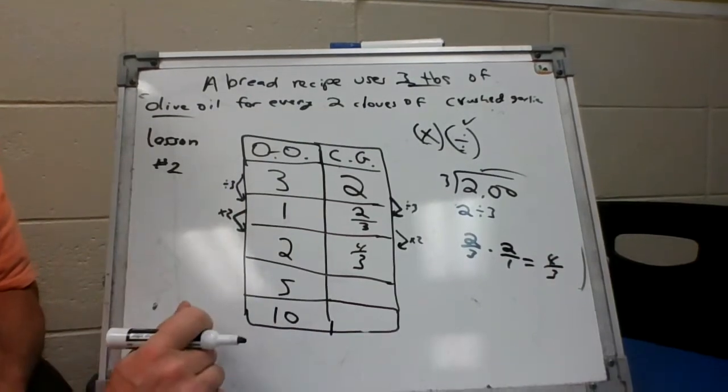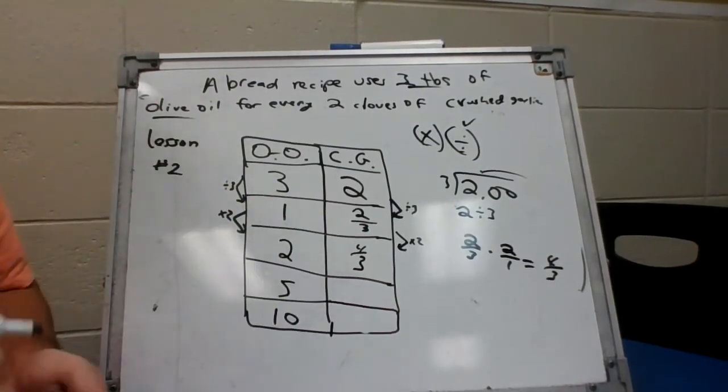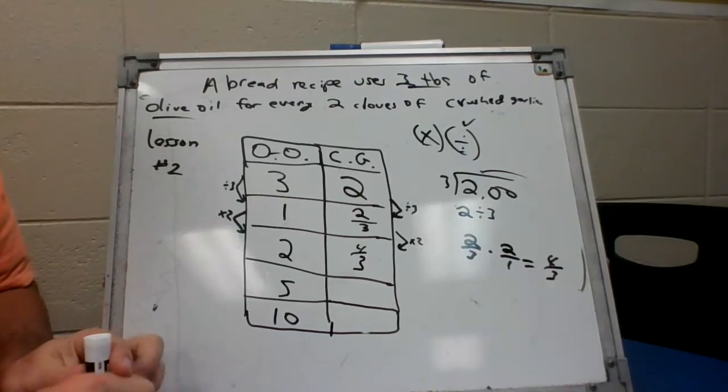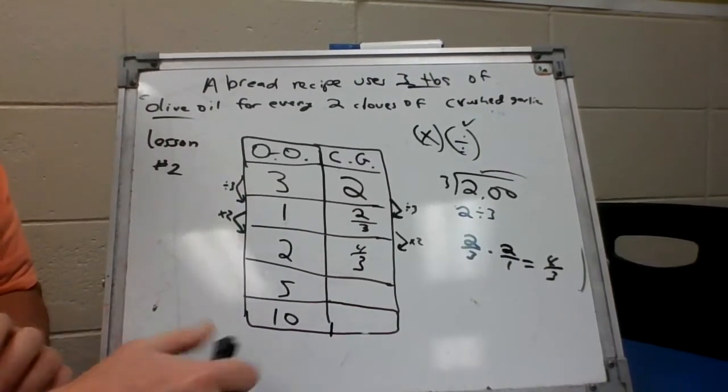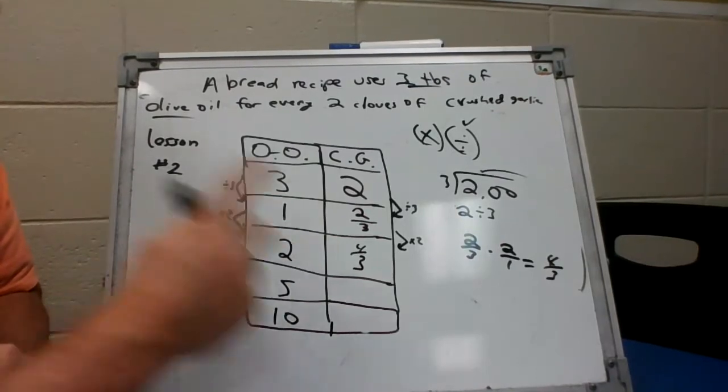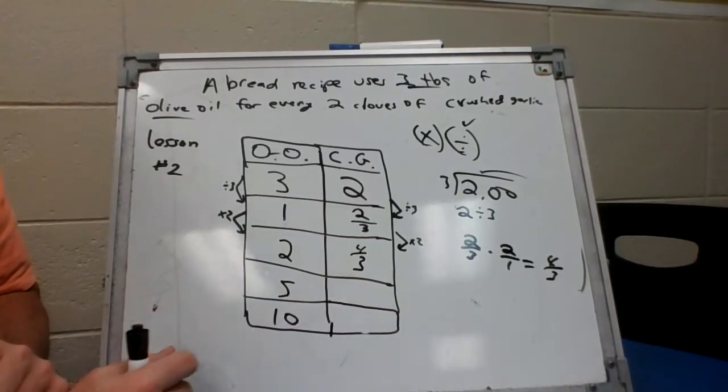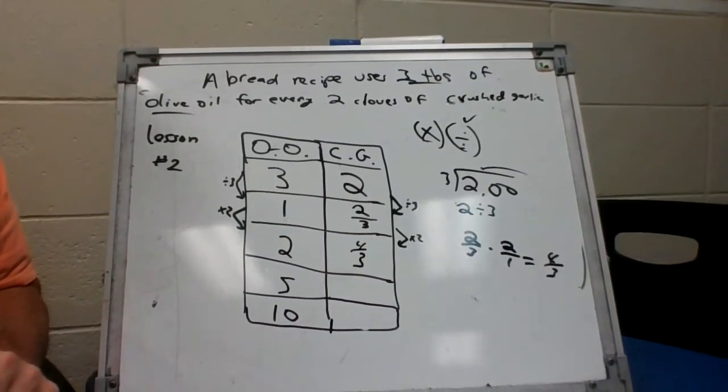It's all whole numbers. Let me know if you need something further, but there should be really not much of a reason that you can't solve the rest of this from here. Let me know if you need any other help, guys.